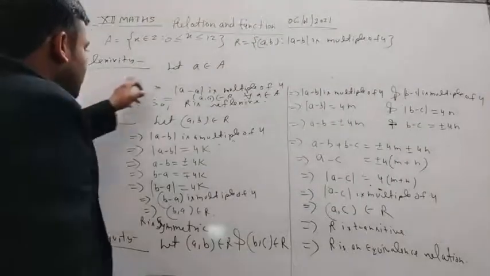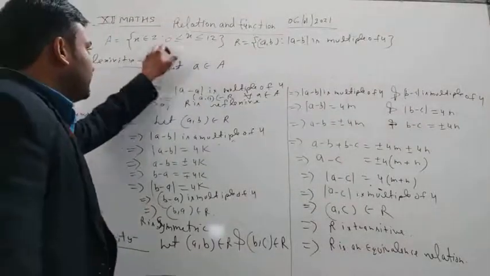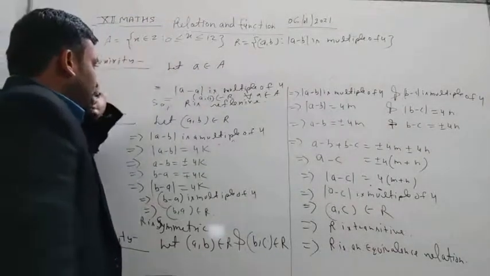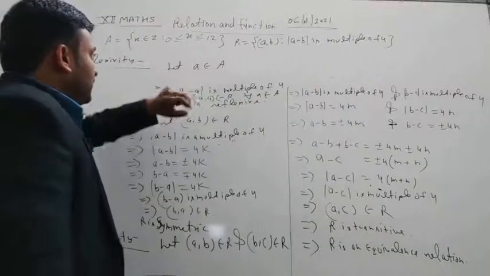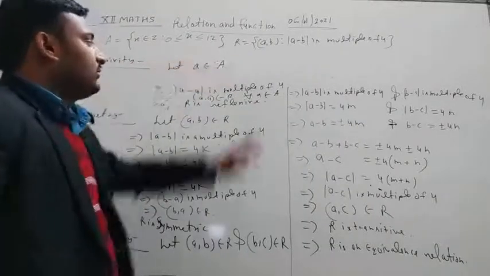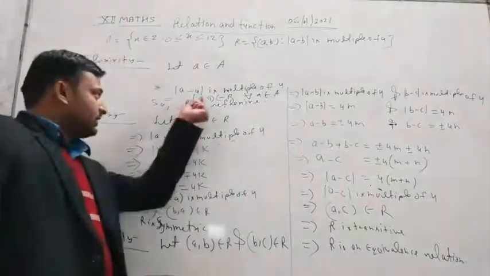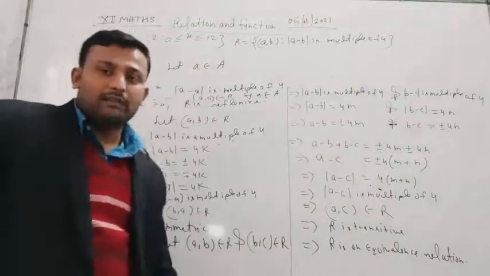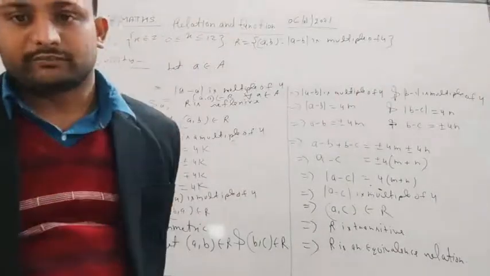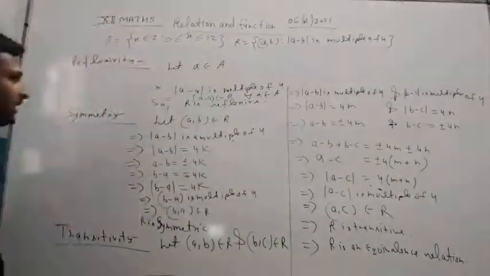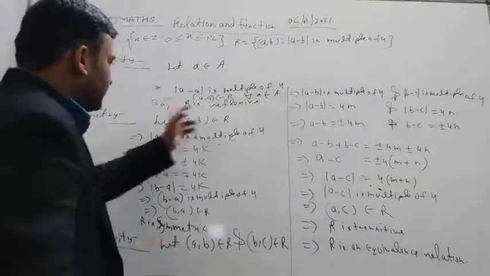For reflexivity, let A belong to any element of set A. Then A minus A is a multiple of 4, and A minus A is 0. So it means that AA belongs to R for all A belonging to A. So R is reflexive.